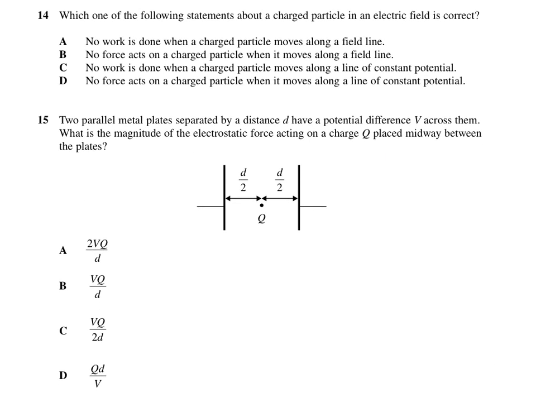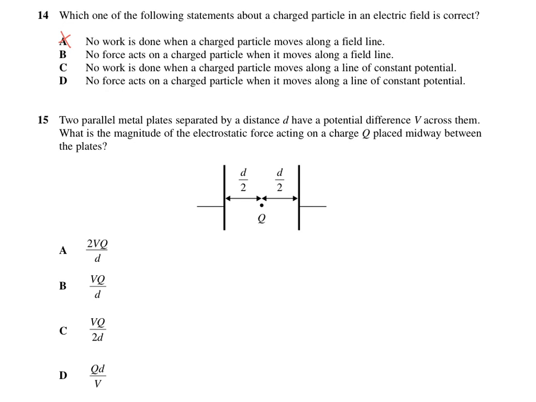Okay, which one of the following statements about a charged particle in an electric field is correct? No work is done when a charged particle moves along a field line. So field lines go from plus to minus, so as it moves along it's either being attracted or repelled, so a force is acting, so that's wrong.